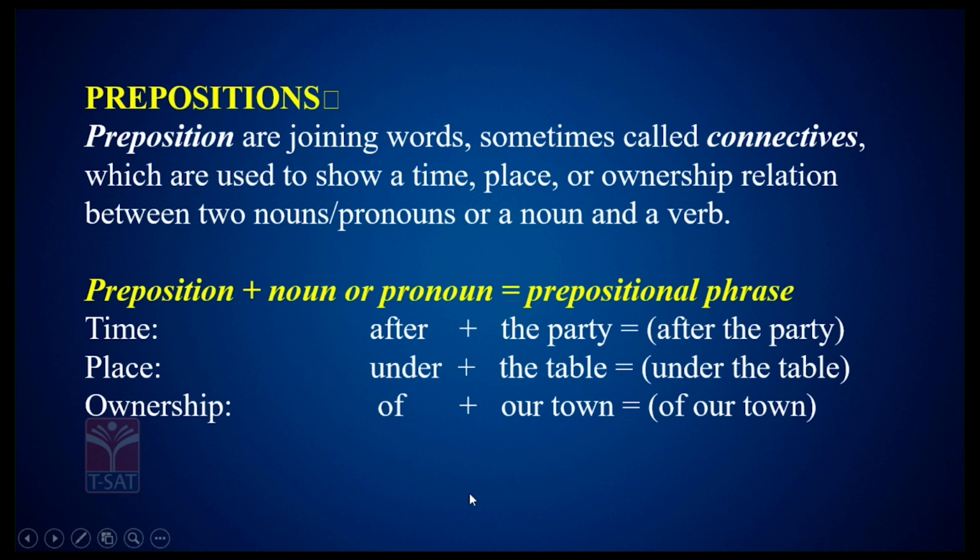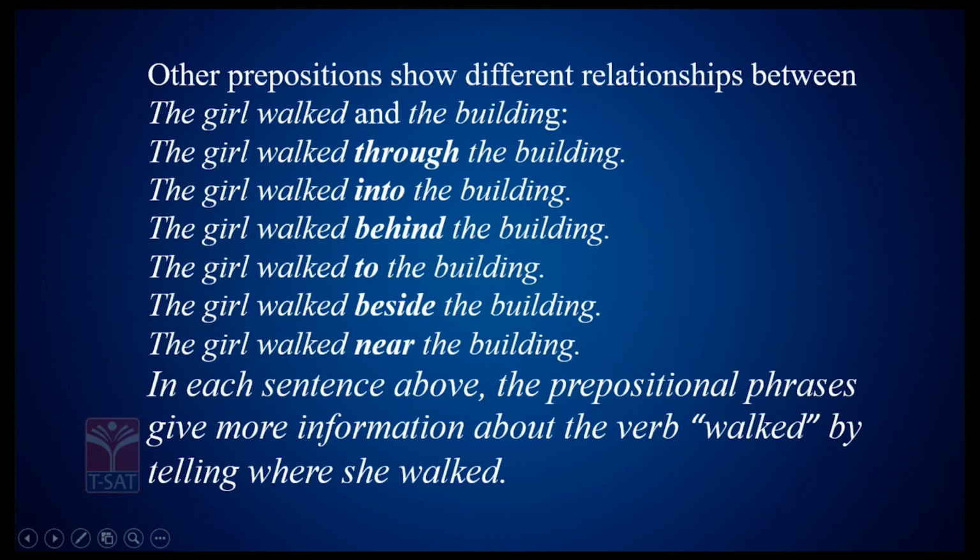When you combine them, join them, we will have another prepositional phrase called of our town. It is very easy to identify these prepositions in a sentence because generally these are placed before a noun or pronoun. You see one particular context, how it shows with reference to the preposition, right.